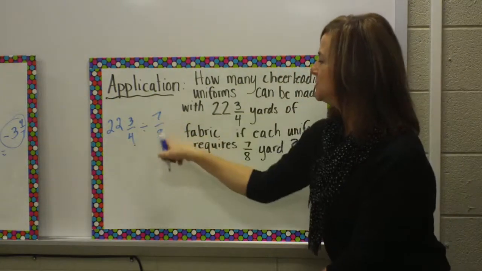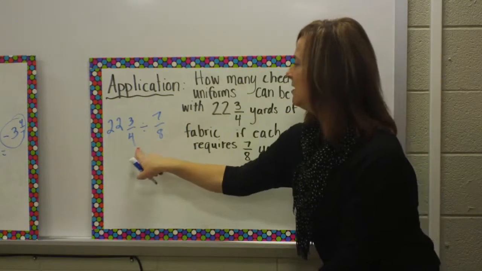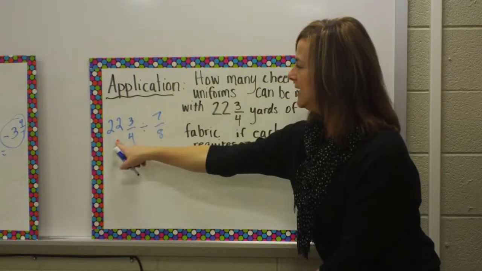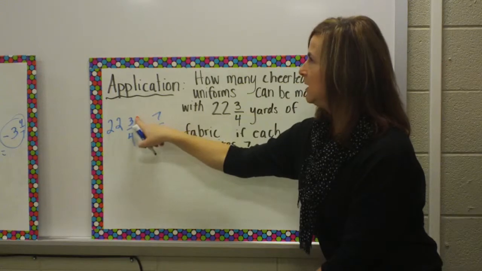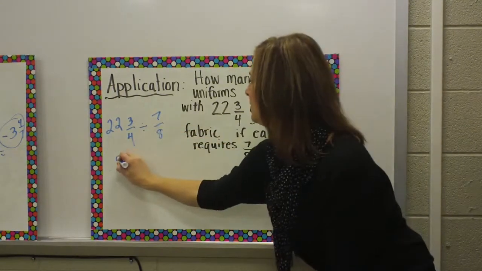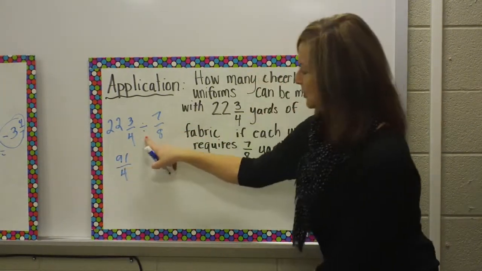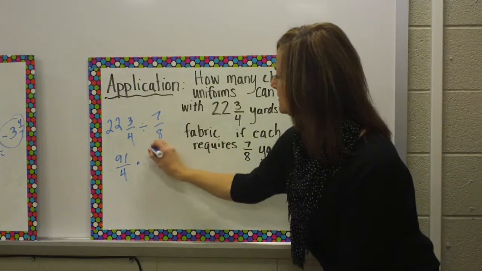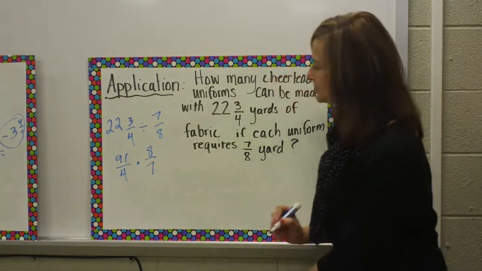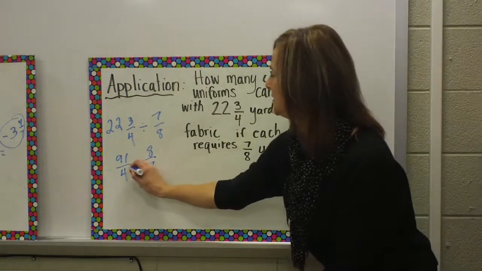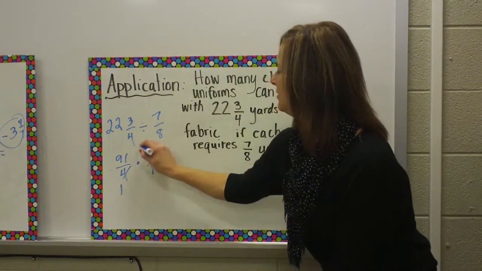Step 1, turn this into an improper fraction. 4 times 22 is 88, plus 3, 89, 90, 91 over 4. You would change this to multiplication times 8 over 7. And then I can divide both of these by 4. I get 1 here and 2 here.